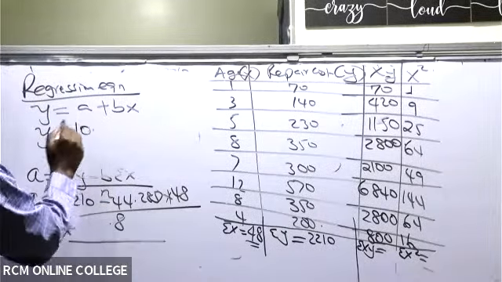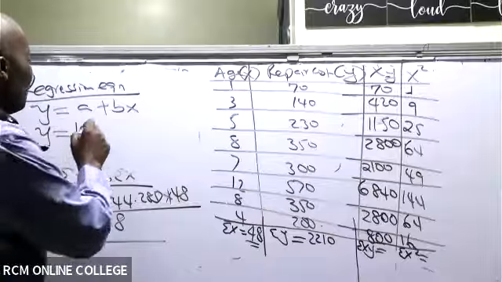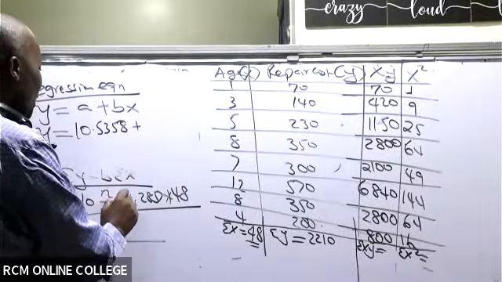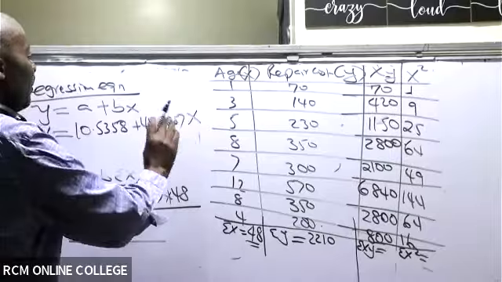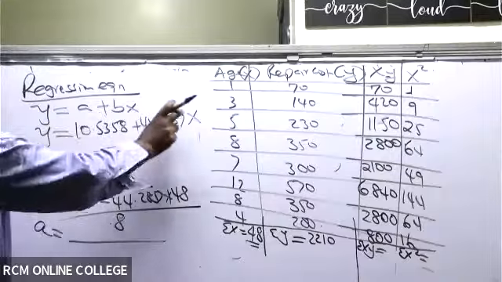But I remember it was 10 point something, 10.5358, plus b, which is 44.2857 x. Remember, the regression equation gives us the connection between the dependent variable and the independent variable.